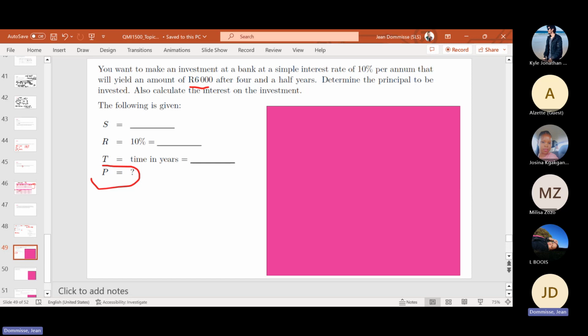So again, try it. I'm going to put in a few things in here that can assist you. So we know that the future value is 6,000. We know that your interest is 10% per annum.